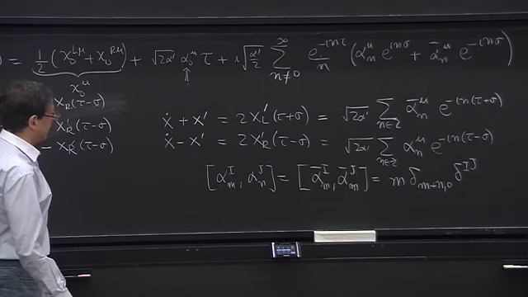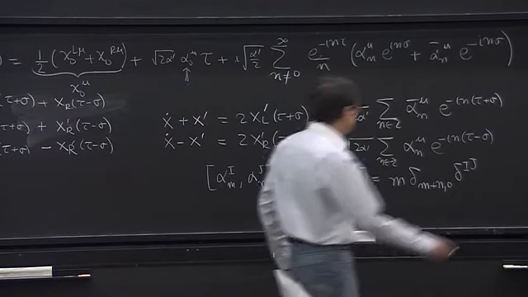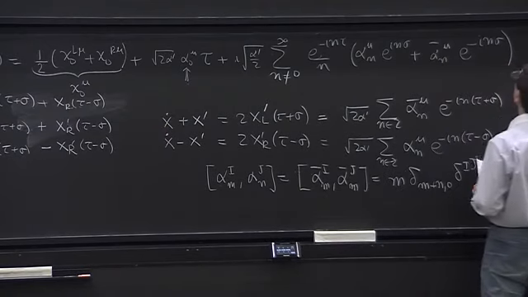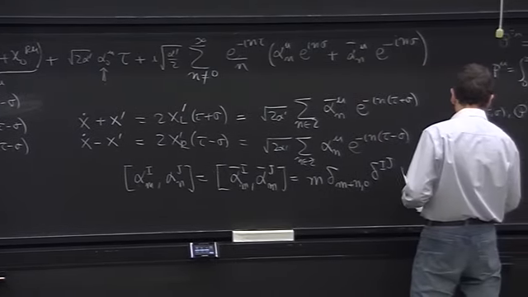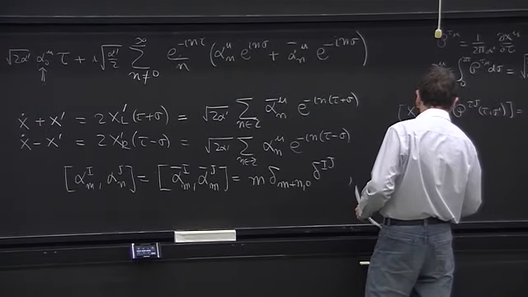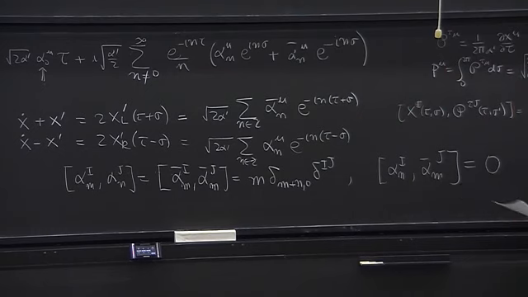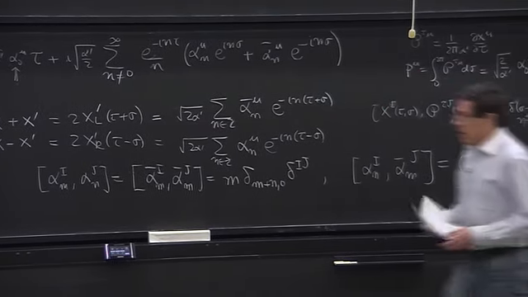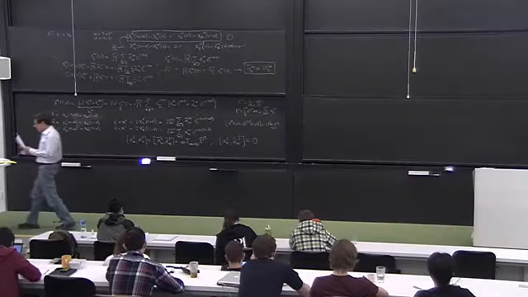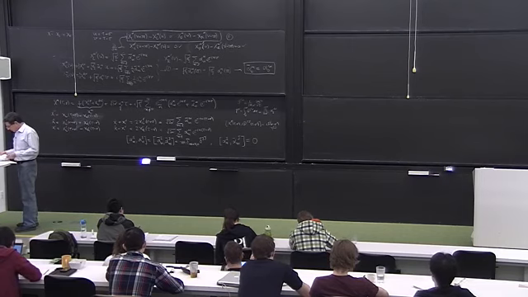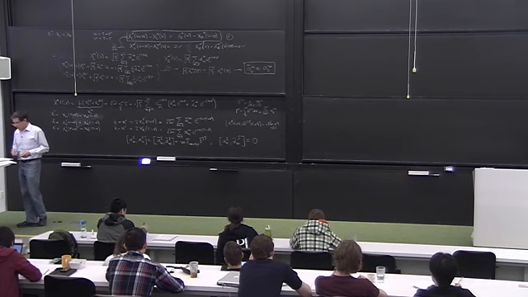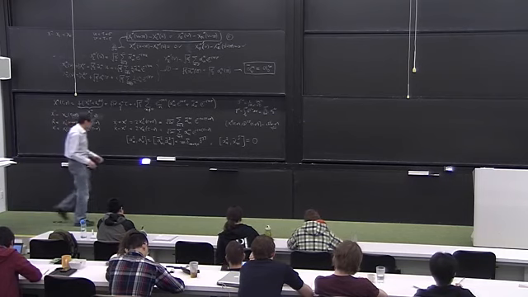The formulas are identical. And as we said, the ones commute with the others. So alpha n i with alpha m bar j are equal to 0. So we're in good shape.